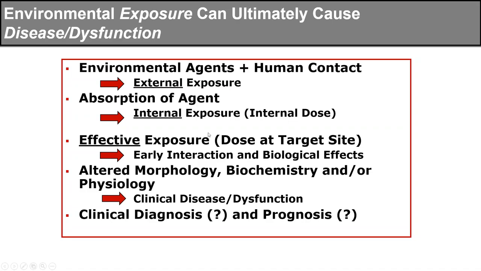That's a dose. And depending on a variety of factors, host susceptibility, for example, if an adverse effect occurs, we call that effective exposure. And that is manifested by alteration of structure, specifically beginning at the biochemical level, and then function, meaning physiological changes, and then a manifestation of what we would designate as disease or dysfunction.